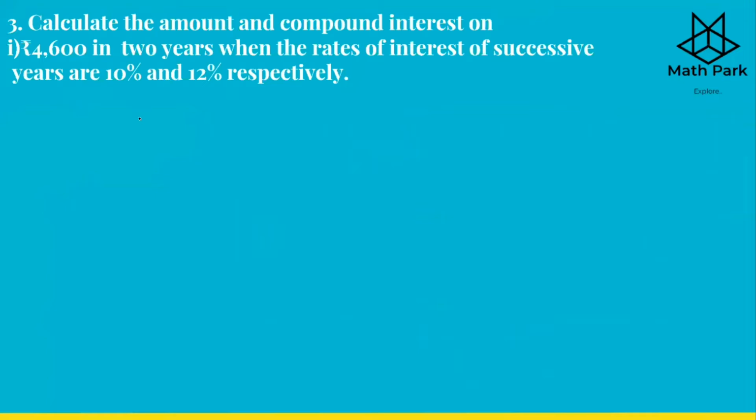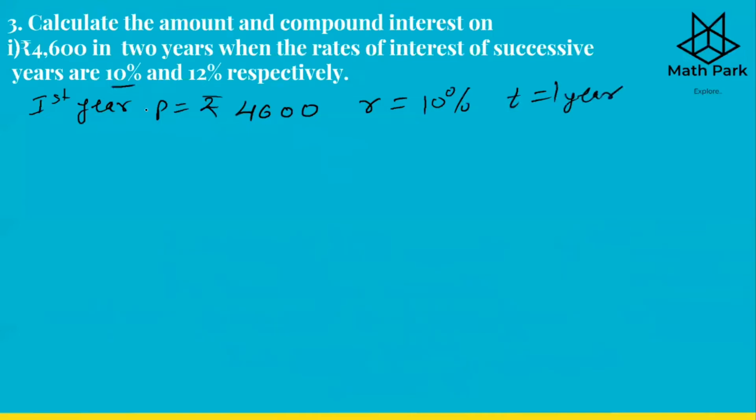Calculate the amount and compound interest on 4,600 in 2 years when the rates of interest for the successive years are 10% and 12%. So for the first year, you have principal is equal to rupees 4,600. The rate is 10%. The time is 1 year. Let us find the interest.